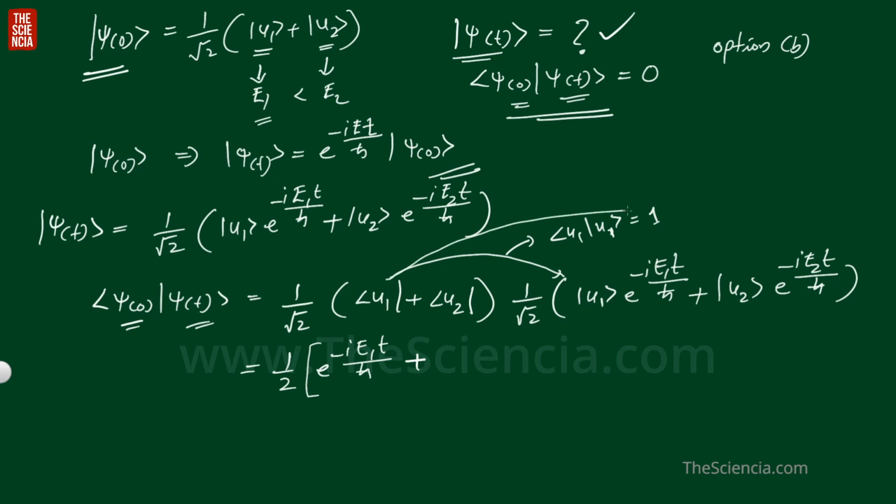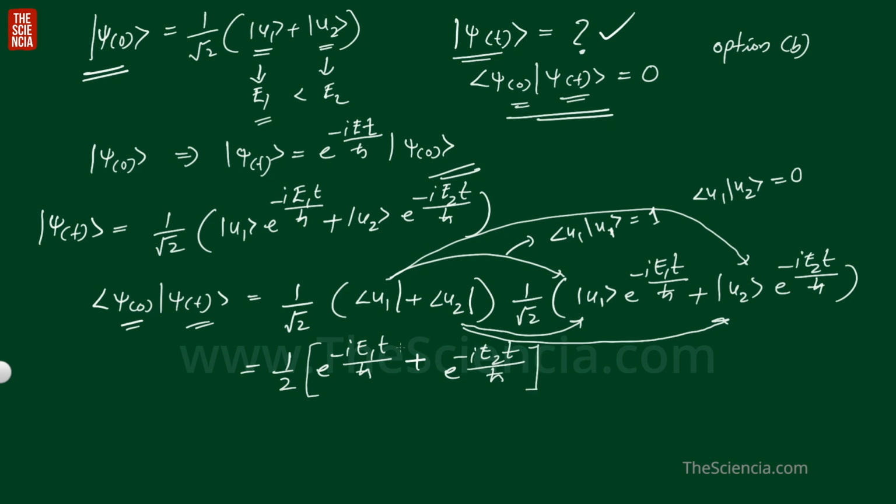The scalar product of u1 and u2 will be equal to 0 because they are orthogonal, normalized wave functions, so this term will be 0. The term with u2, u1 will also become 0. And the last term, the scalar product of u2 with u2, will be equal to 1. So we get e raised to minus i E2 t by h cross.